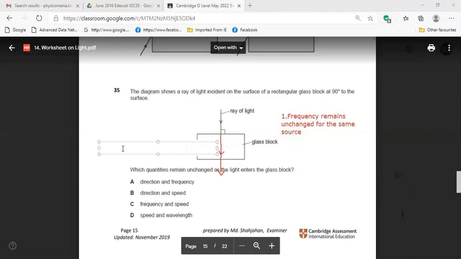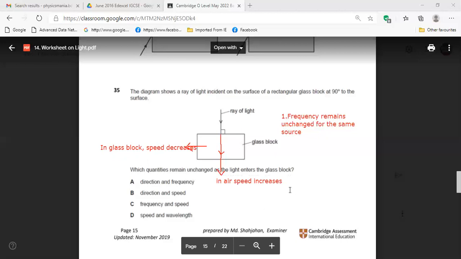In glass block, speed decreases, then in air, speed increases. This one you know, right? If it is going to a denser medium, speed decreases. If it is going to a rarer medium, speed increases.